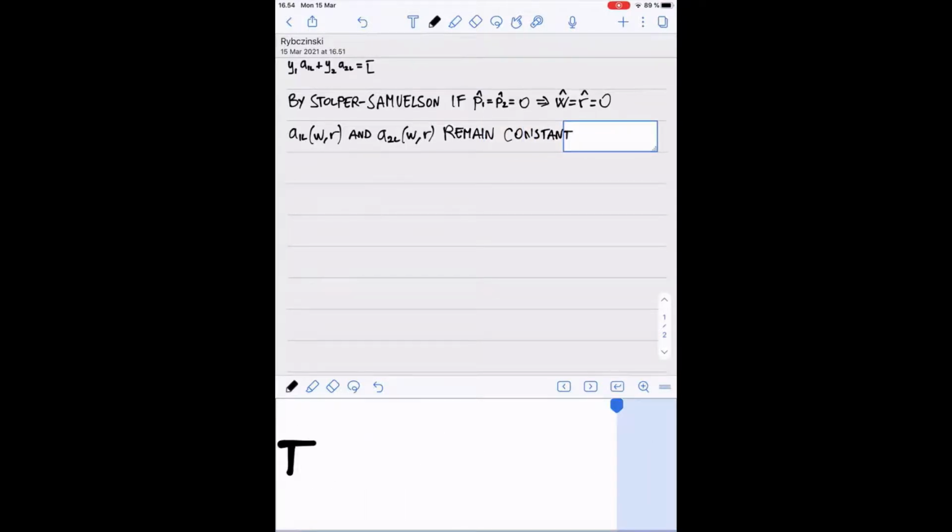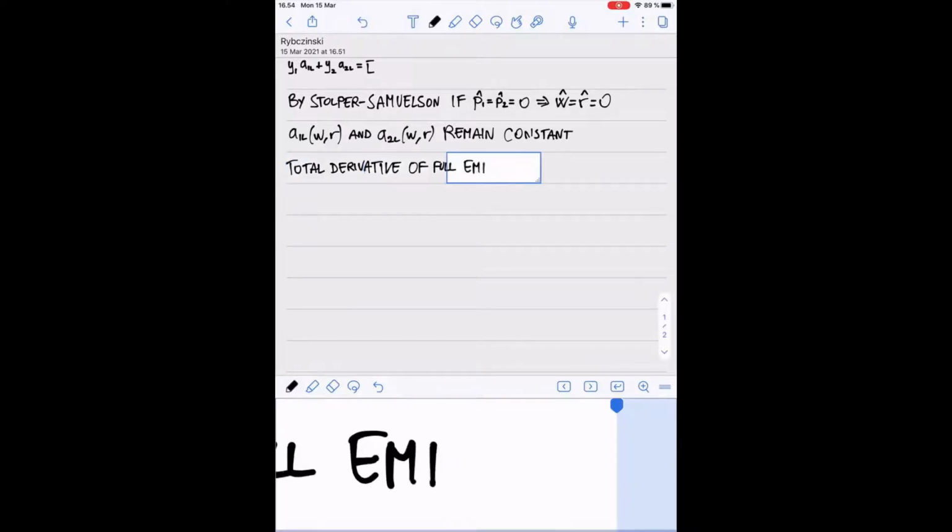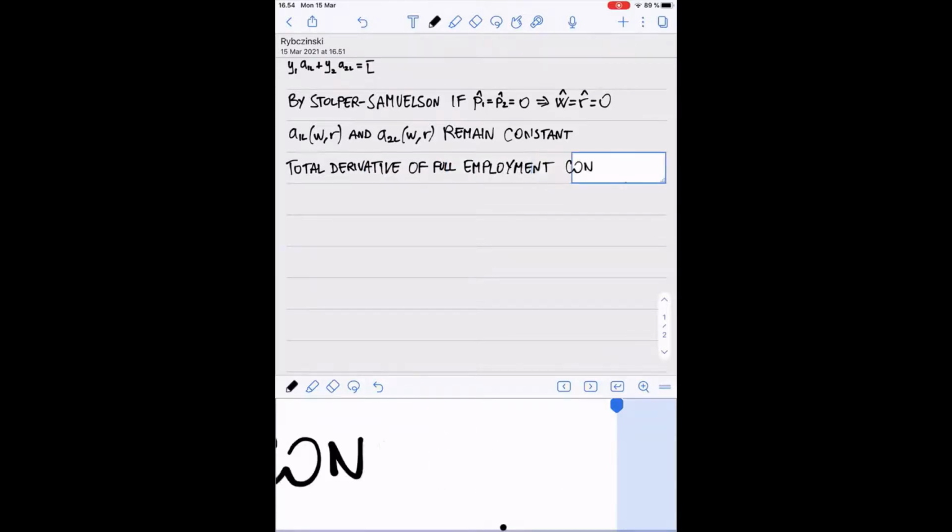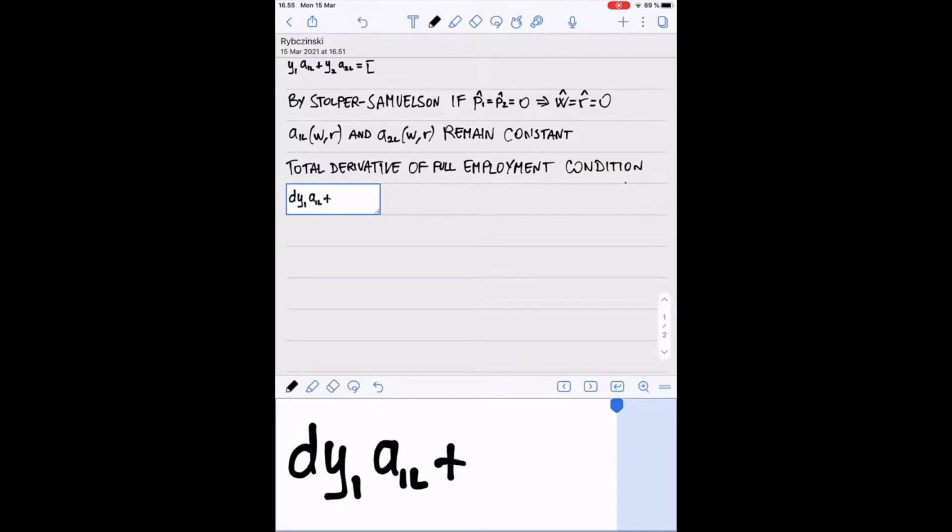Okay, excellent. So now what we want to do is take the total derivative of the full employment condition. So what we have is that dy1 a1L plus dy2 a2L equals L bar.